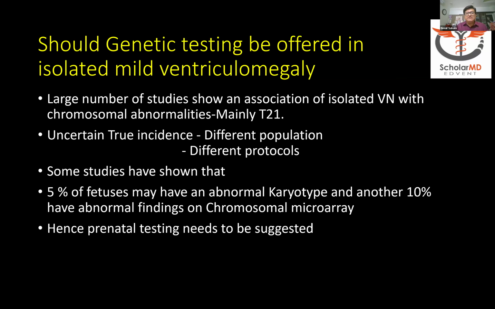Now, a large number of studies have shown there is an association with chromosomal abnormalities, mainly trisomy 21. But the problem is the true incidence is uncertain because the populations are different, the protocols are different. But some studies have shown that 5% of fetuses may have an abnormal karyotype, and another 10% have abnormal findings on chromosomal microarray. Hence, prenatal testing needs to be suggested.